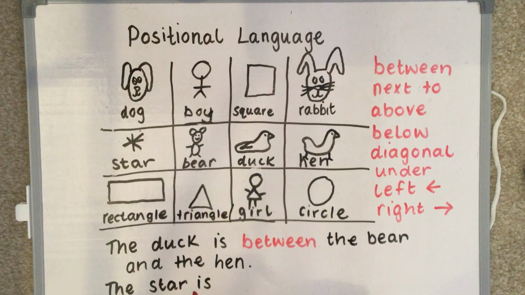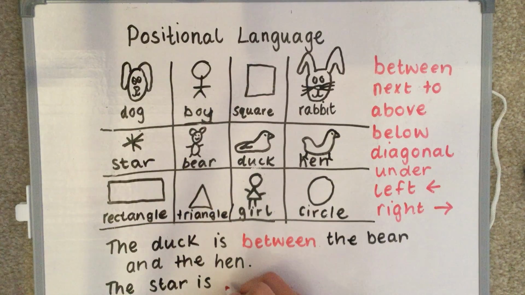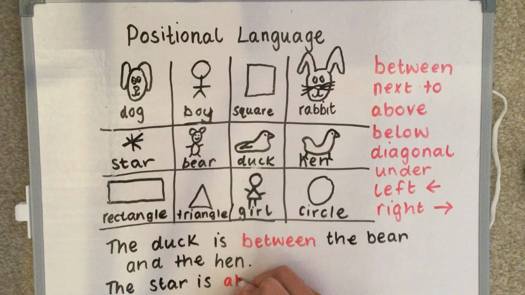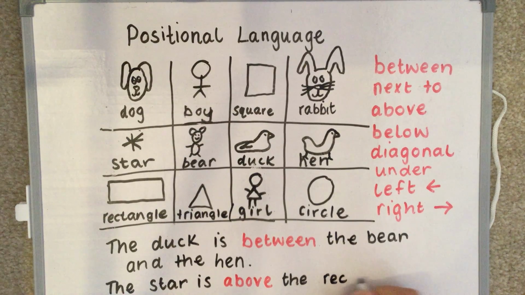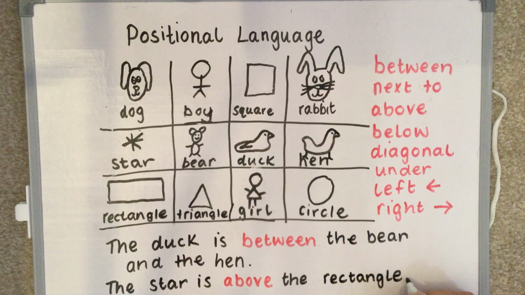So the star is above the rectangle. And at the end of my sentence, a full stop.